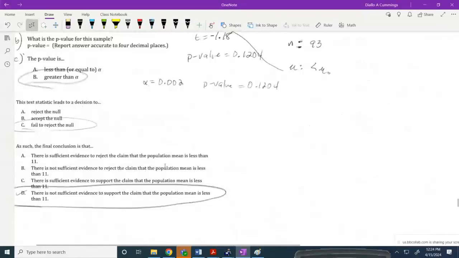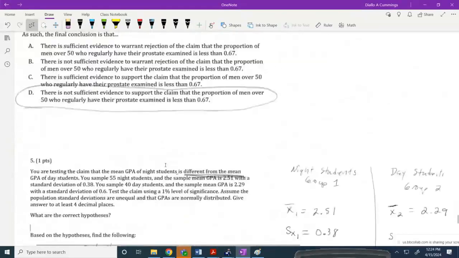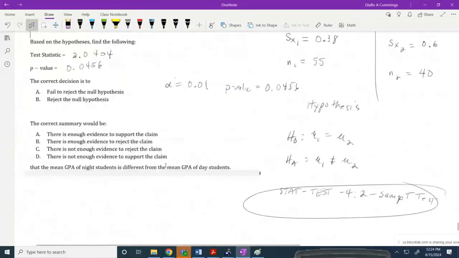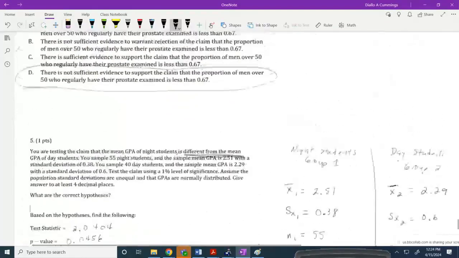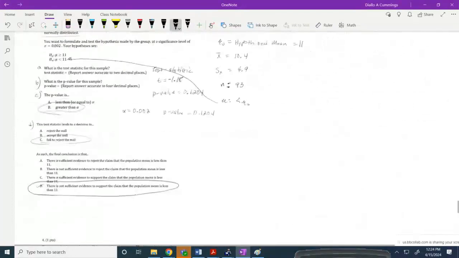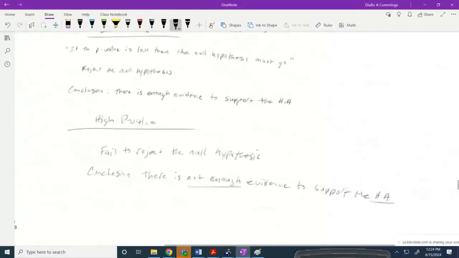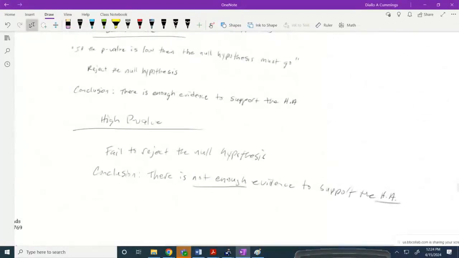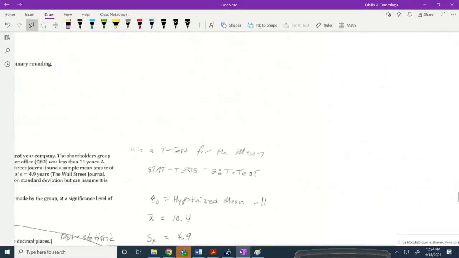So we fail to reject the null hypothesis, because we're following those high p-value conditions. And what is the conclusion? If it's a high p-value, the conclusion is there is not enough evidence to support the claim.